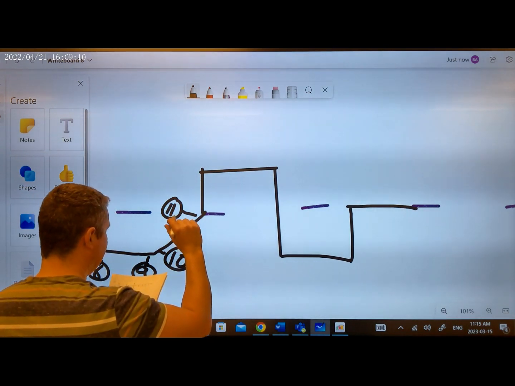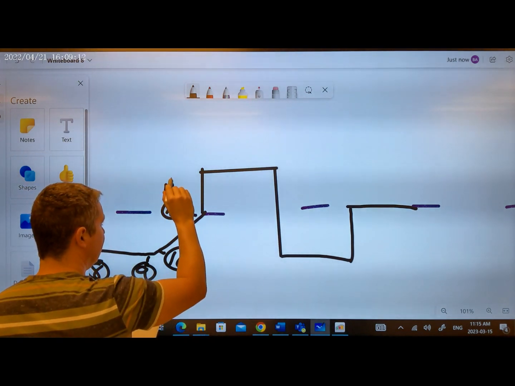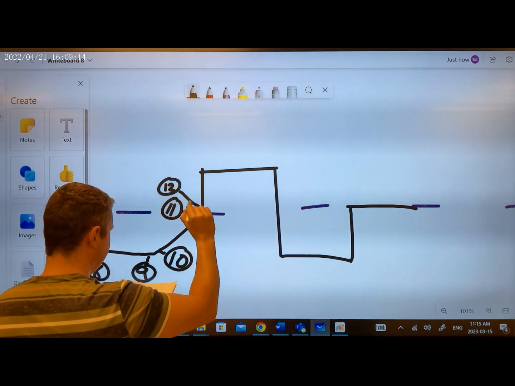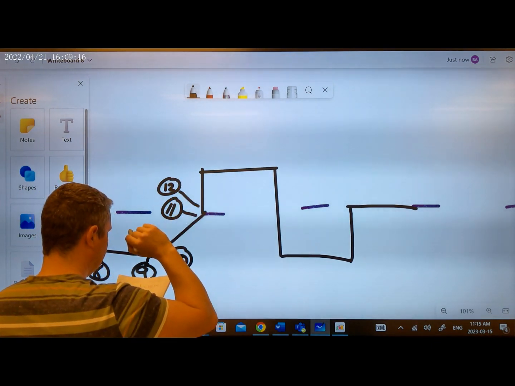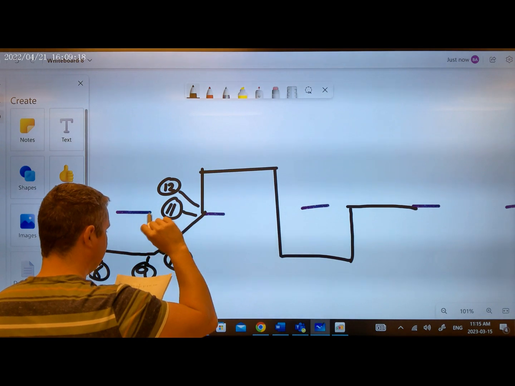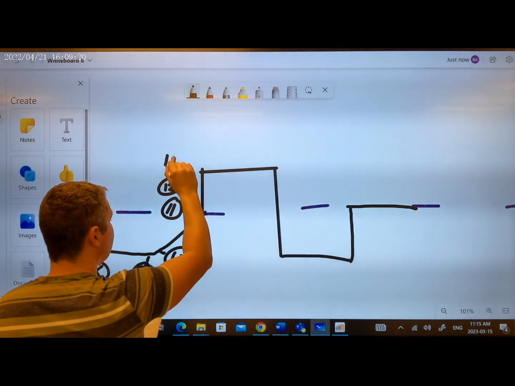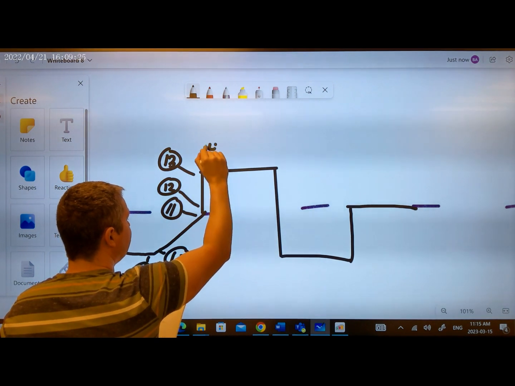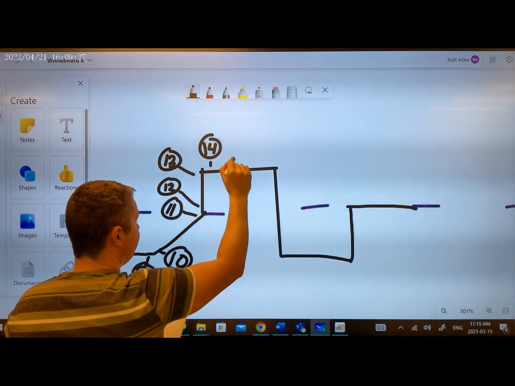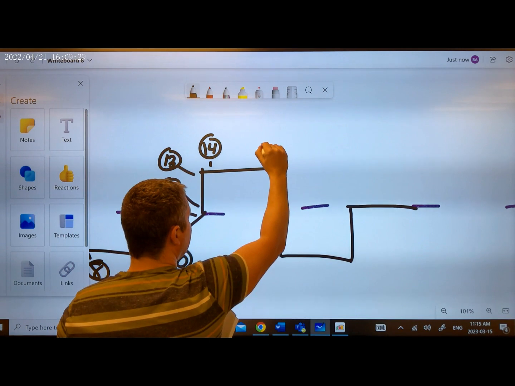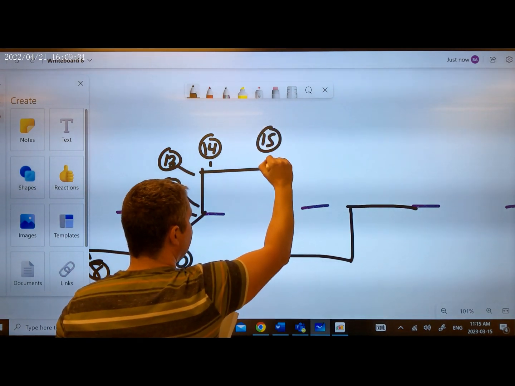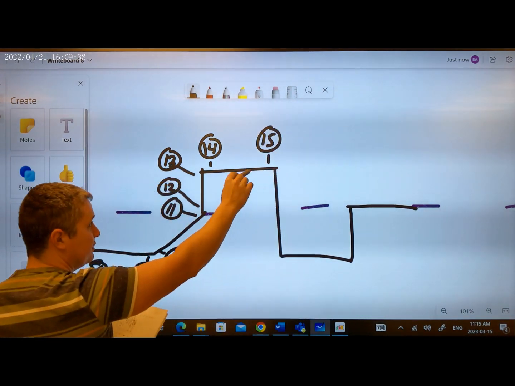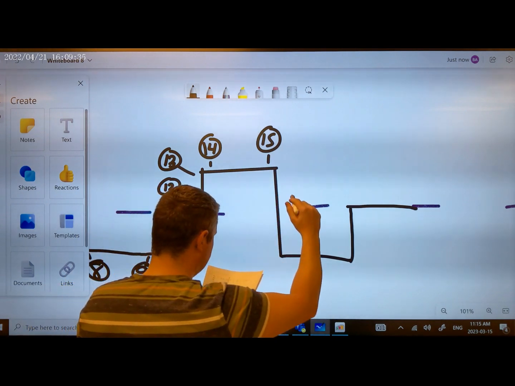We're going to be looking at as soon as it starts the ramp, and then we're going to be looking at when it comes near the end of the ramp. We're going to be looking at what happens when it hits the top of the ramp and starts to go on the flat, and then same thing here, when it just ends the flat and starts to come down.